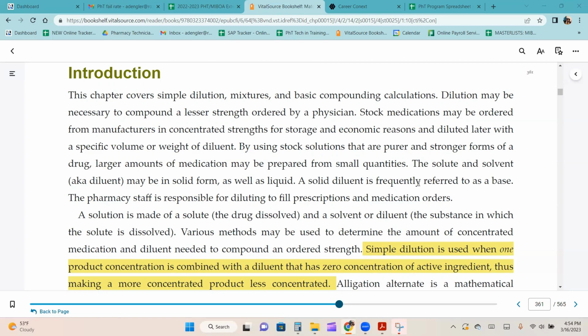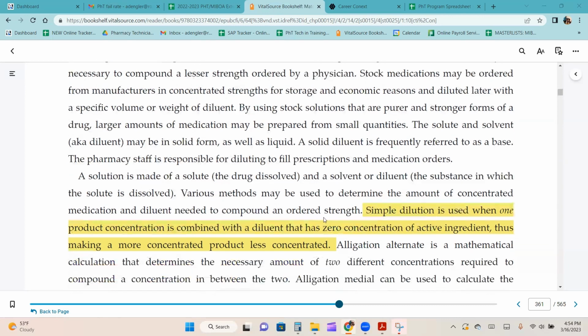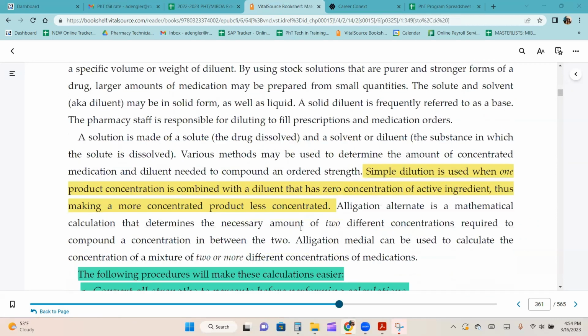The pharmacy staff is responsible for diluting to fill prescriptions and medication orders. A solution is made of a solute, which is the drug dissolved, and a solvent or diluent. Various methods may be used to determine the amount of concentrated medication and diluent needed to compound an ordered strength. Simple dilution is used when one product concentration is combined with a diluent that has zero concentration of active ingredient, thus making a more concentrated product less concentrated.